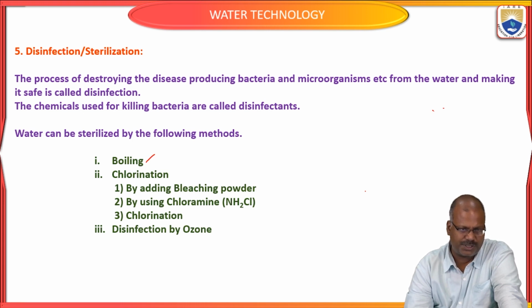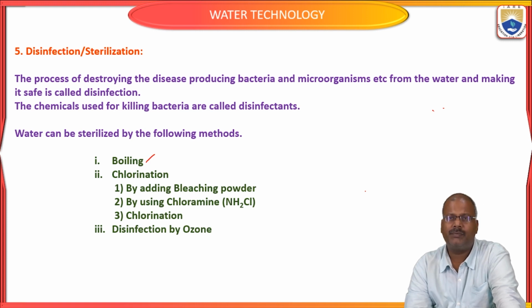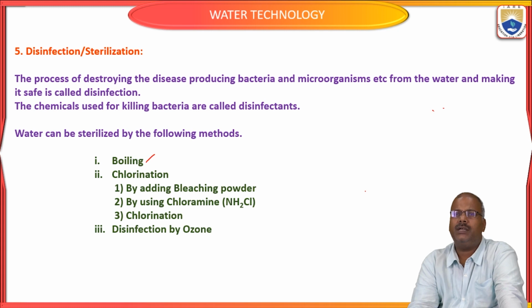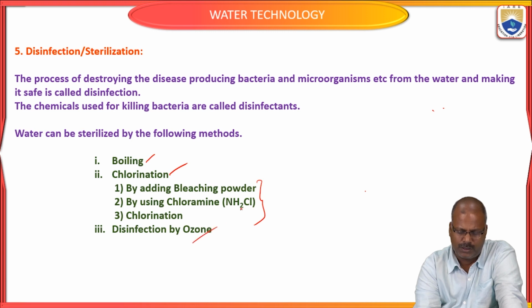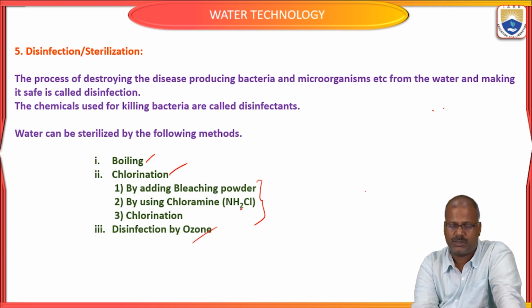For township, municipality, big supplies, we cannot boil, and it's not possible. So we need some chemicals which can do the sterilization job. So that's why chlorination, and disinfection by ozone is also there.